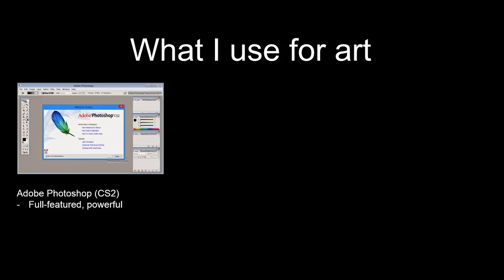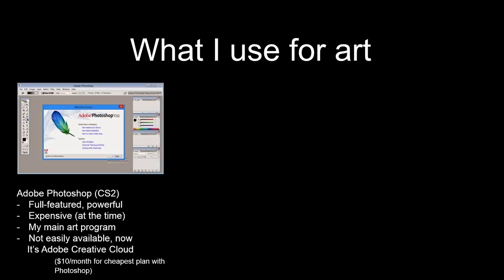What I use for art, I mentioned earlier, is Adobe Photoshop CS2, which is full-featured and powerful. I used it as a freelance illustrator. It can do everything I need it to do. I use it predominantly for The Crimson Diamond as well. It was expensive at the time, which is a major drawback, and it's not easily available now, but it's available as a subscription service with Adobe Creative Cloud.